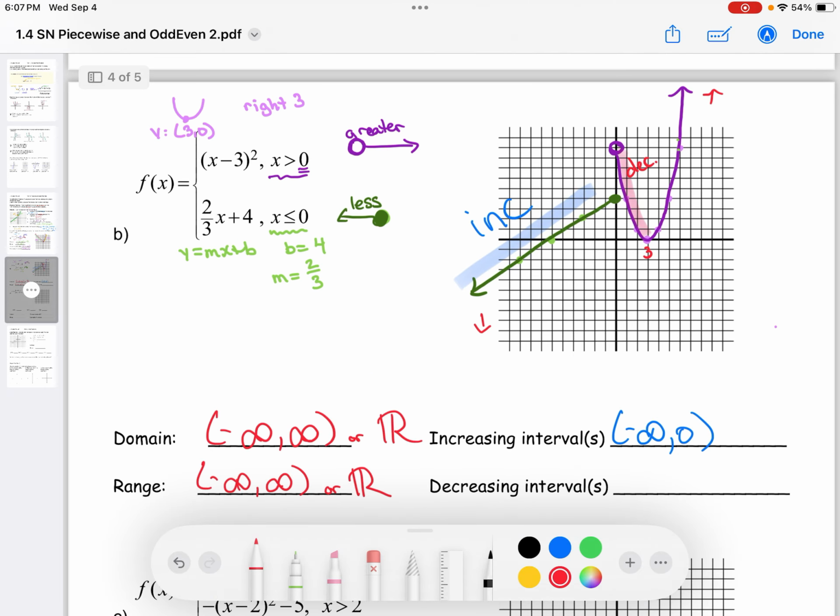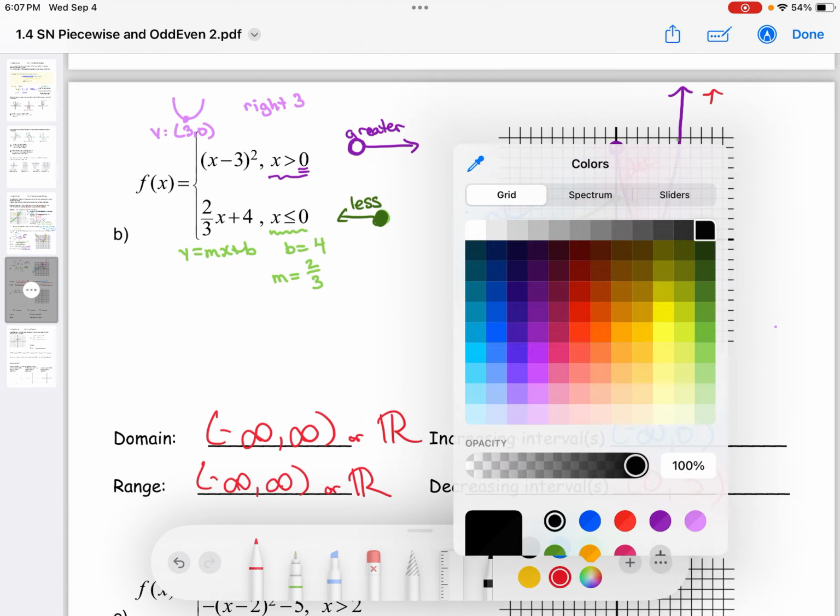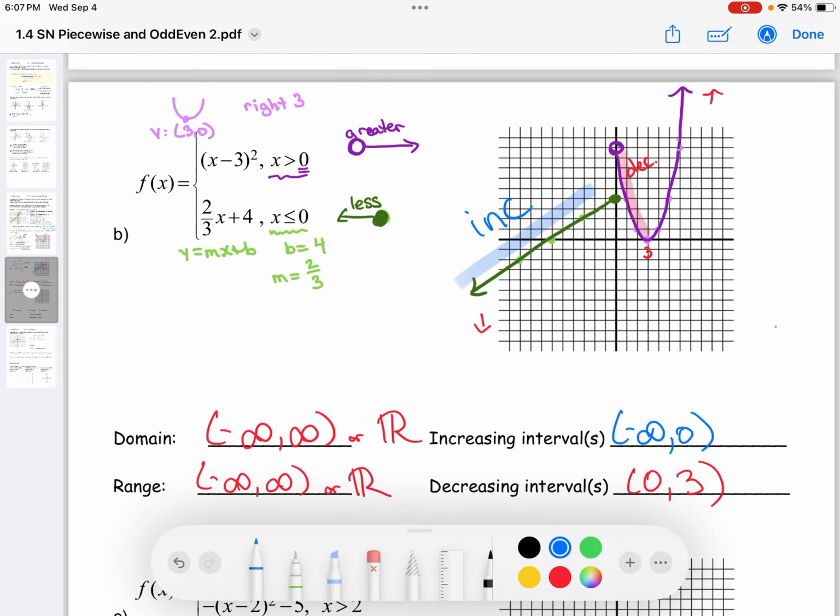So that section decreases from 0 to 3. After that vertex of 3, beyond that vertex of 3, the graph increases again. It's going up. So we'll add a piece to the increasing interval from 3 to infinity.